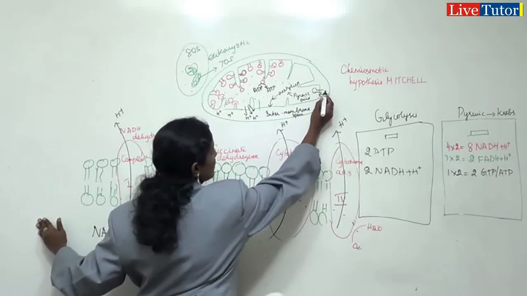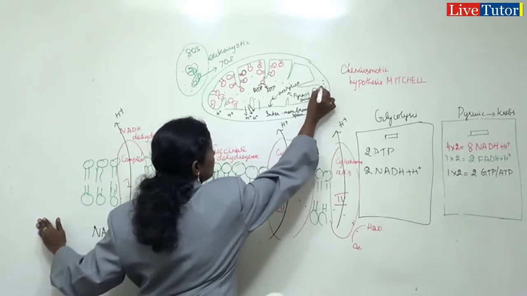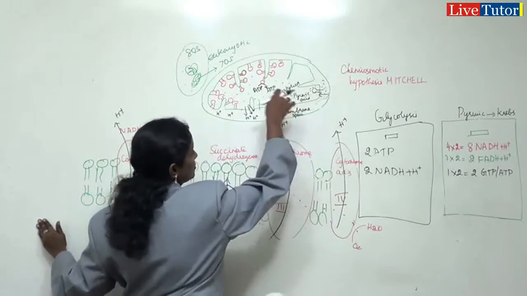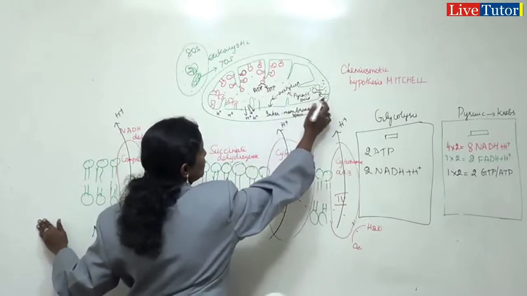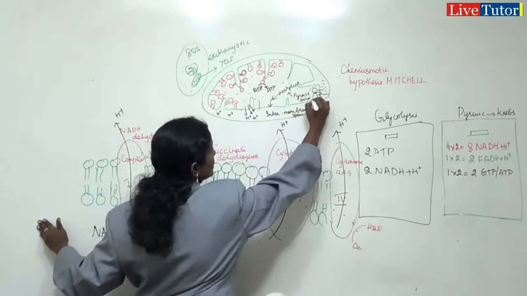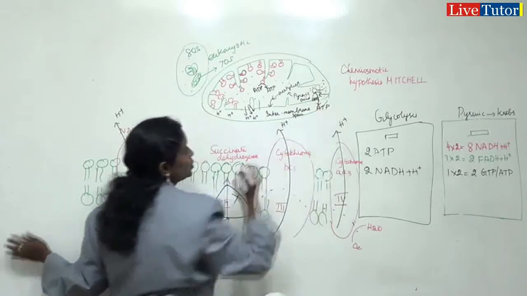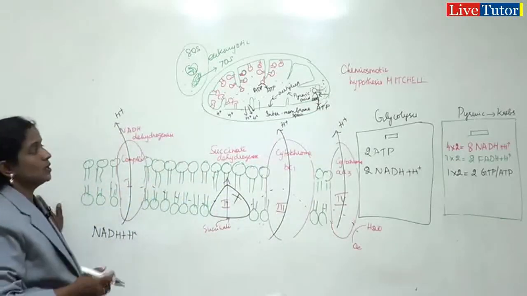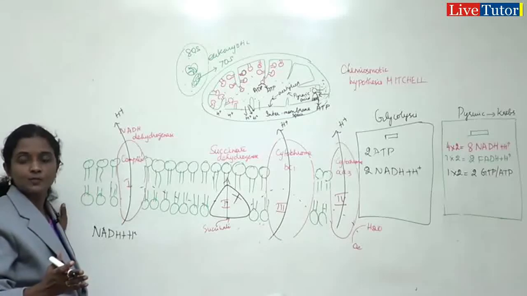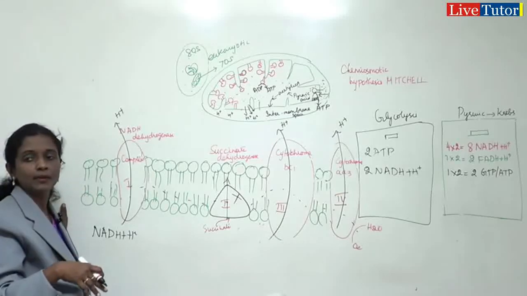ATP synthase will funnel all the protons accumulated in the intermembrane space back to the mitochondrial matrix, wherein ADP will be converted to ATP. Are you clear?